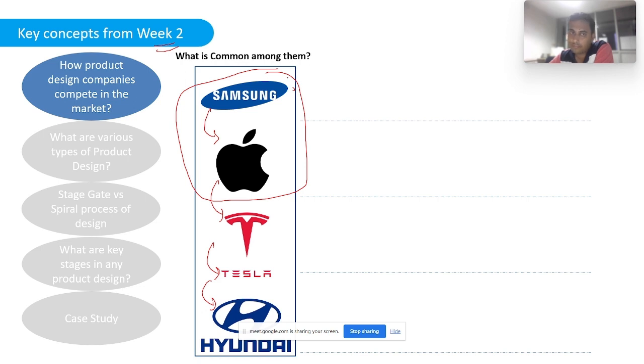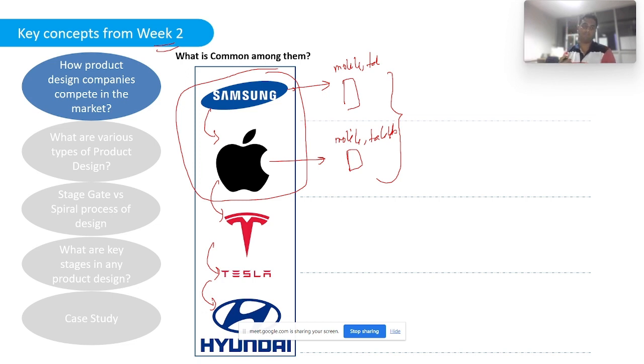So the common thing among these is the mobile: smartphones, tablets. Electronic items, computing electronic items, you can say. They are also providing laptops as well, mobile phones, different kinds of devices.